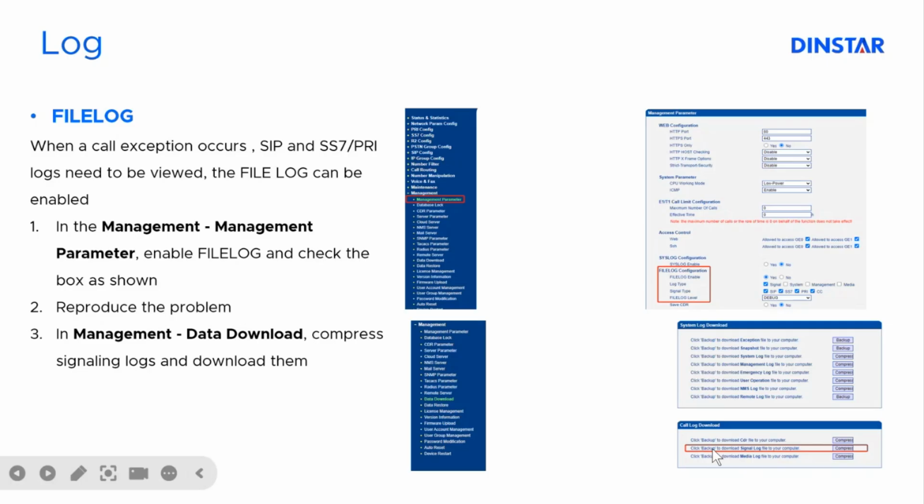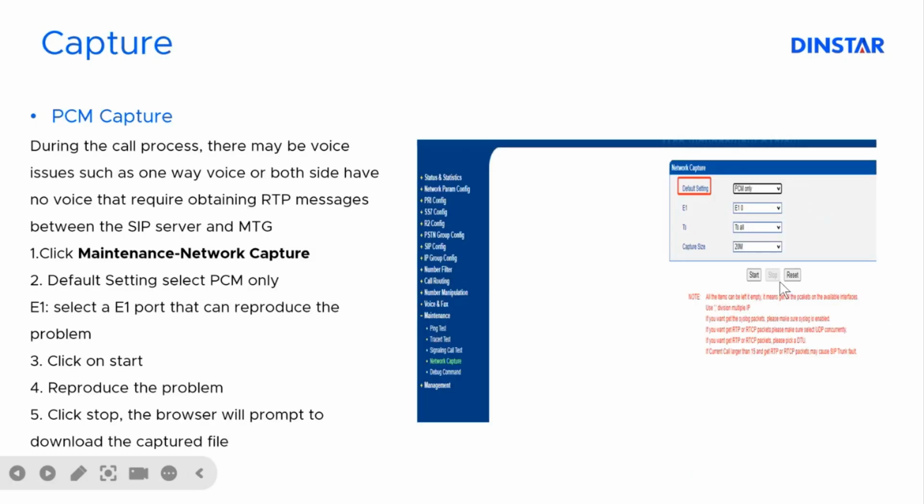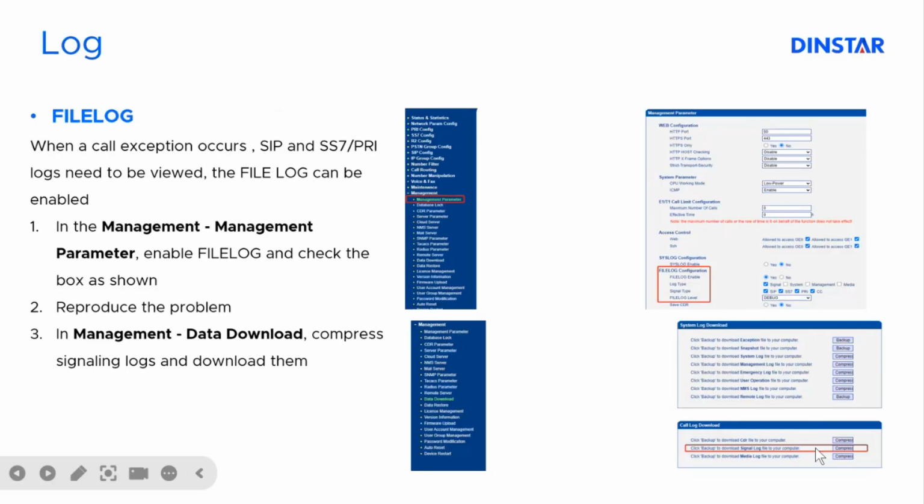We don't need to start and stop like the captures, and it will download automatically. So here we just reproduce the problems, compress the signal logs and download them. This is also an advantage of the file log.